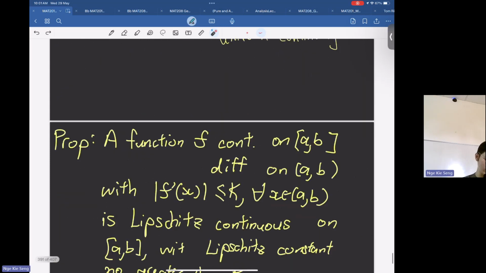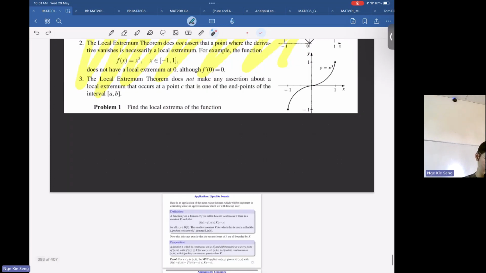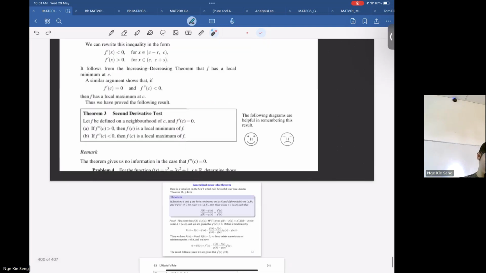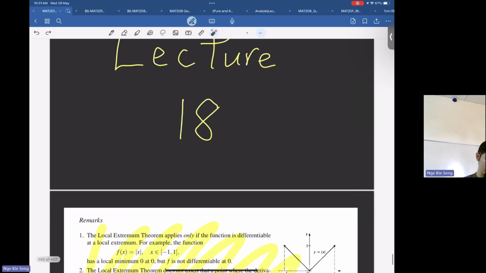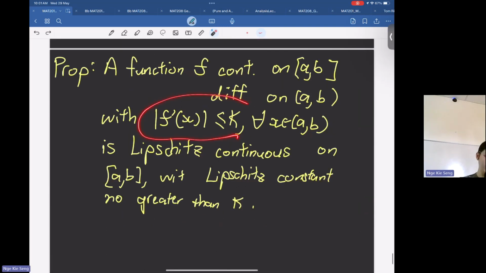But the question tells you something about the derivative. The question tells you how to bound the derivative. Can you try to put this idea together? Maybe we take a break and then resume discussing this. Let's take a break until 10:11.